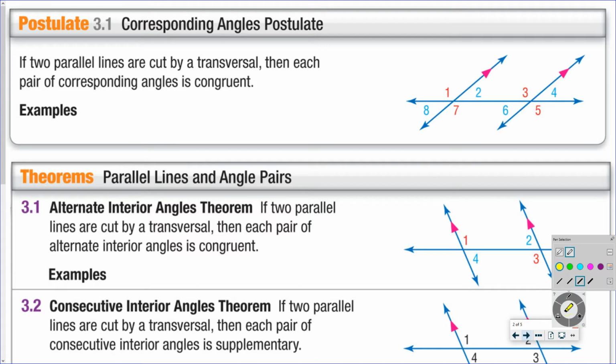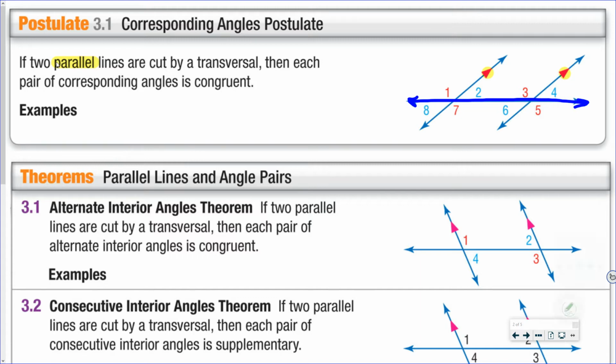First, a postulate. Remember, a postulate is just something we accept as true, even though there's no way of proving it. If two parallel lines, and remember we mark something as parallel with these arrows, if the two lines are parallel and they're cut by a transversal, I'm just going to highlight in blue, then each pair of corresponding angles are congruent.